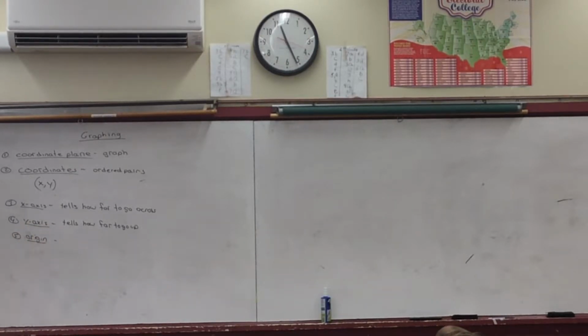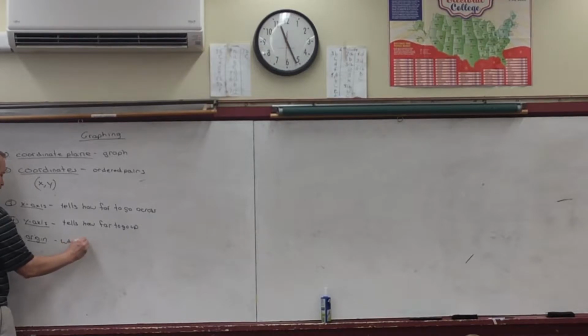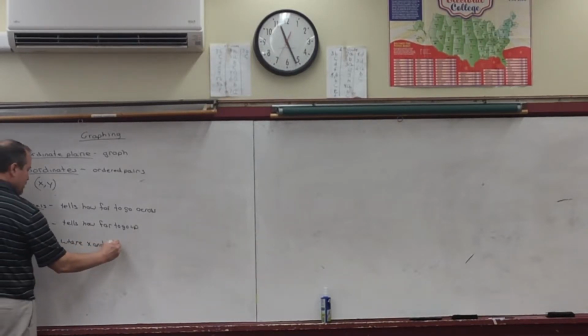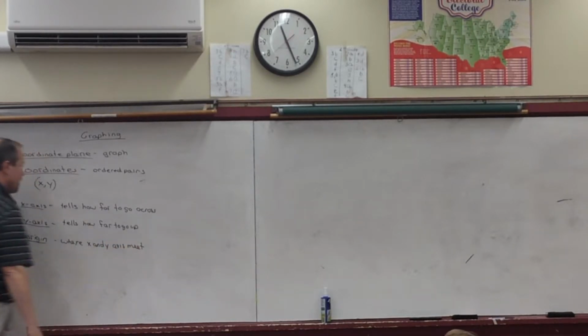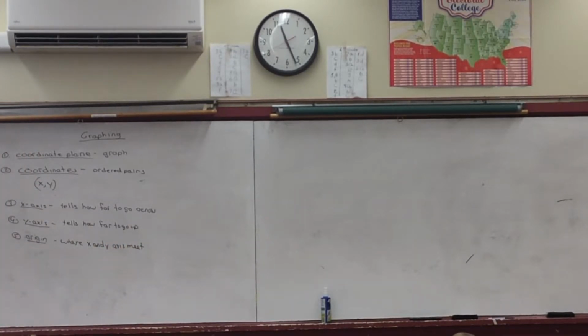What is the origin? It is the middle of the graph. It's where the x and y-axis meet. Its ordered pair is 0, 0.